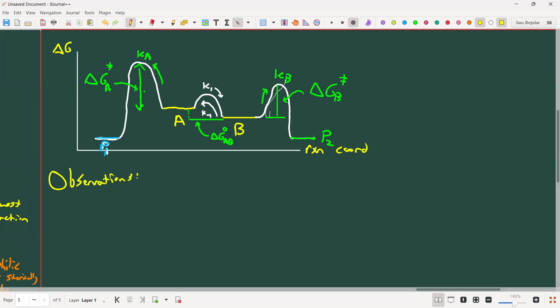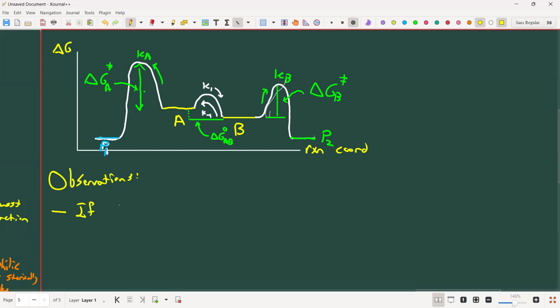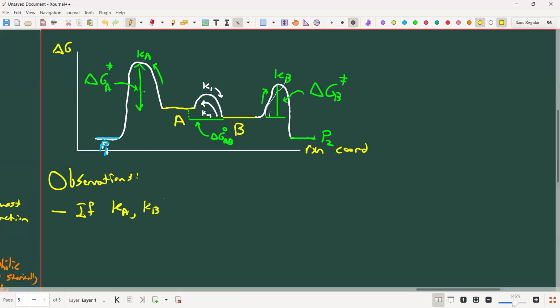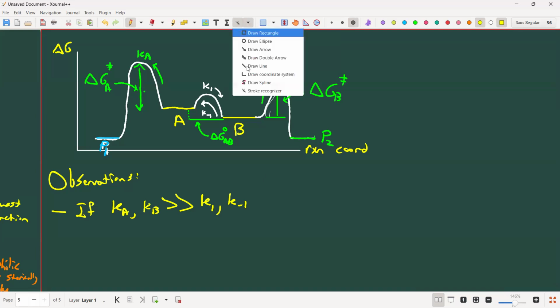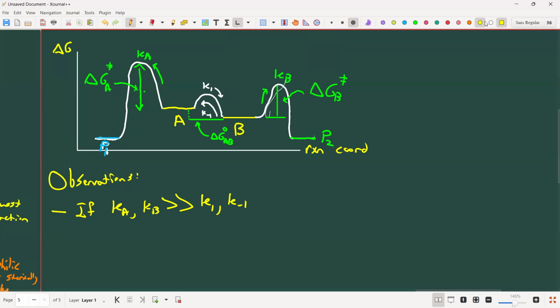What if, for instance, we have a situation where the rates of formation of the products are much faster than the equilibration? What would that look like? What would the reaction coordinate for that look like?